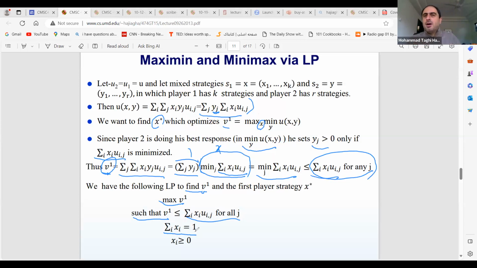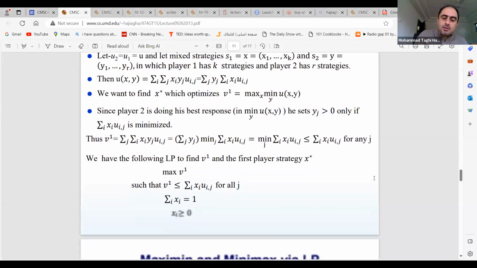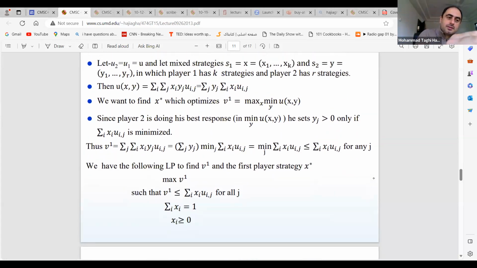So this is somehow similar to the thing that we have done for this husband and wife, but you can actually write it more formally here. So this is the LP. This is the final LP that you can write to find essentially the V1 value.